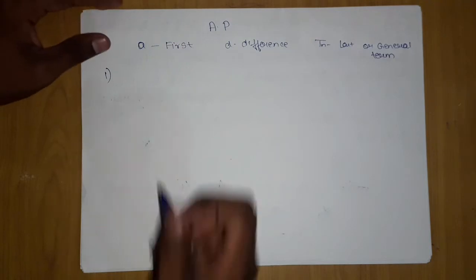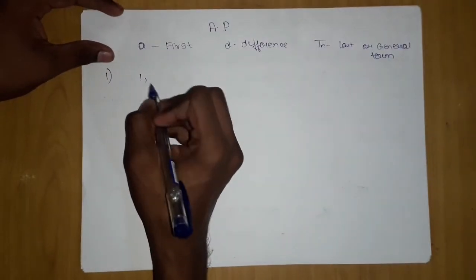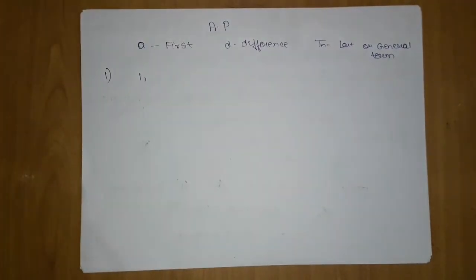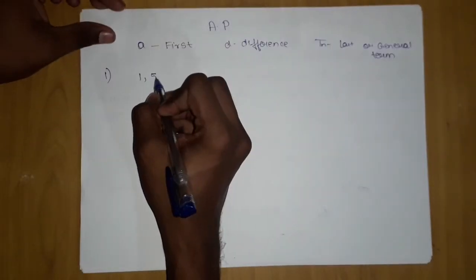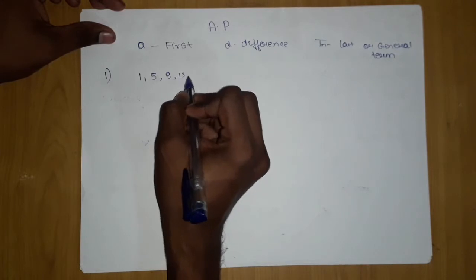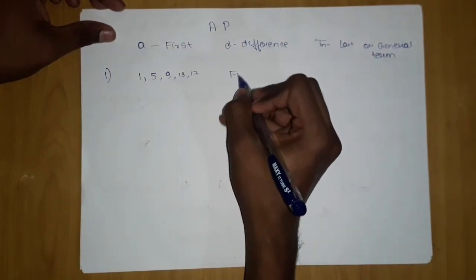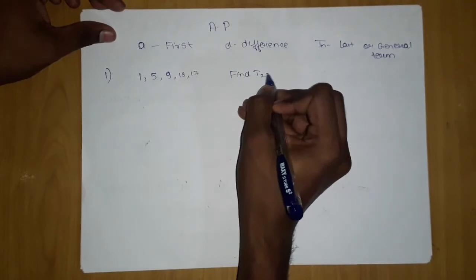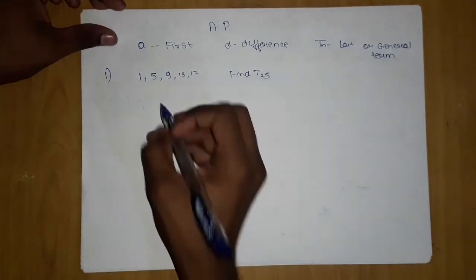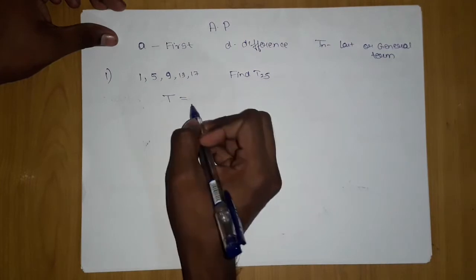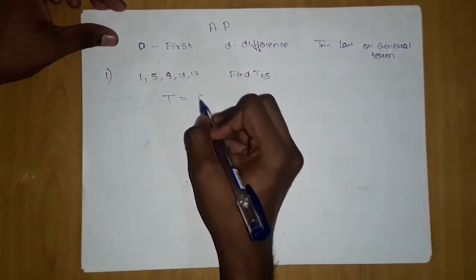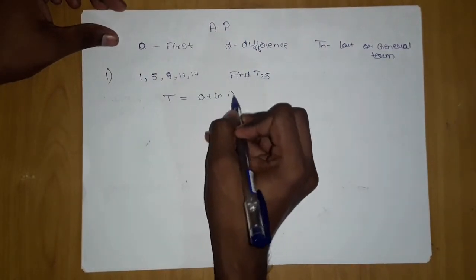The first question: I am giving you a sequence, 1 5 9 13 17. Find T25. These questions are simple, just an application of the general Tn formula, a plus (n minus 1) into d.